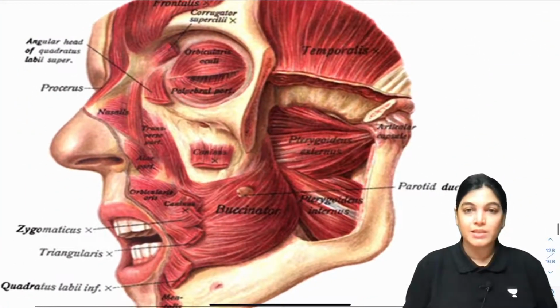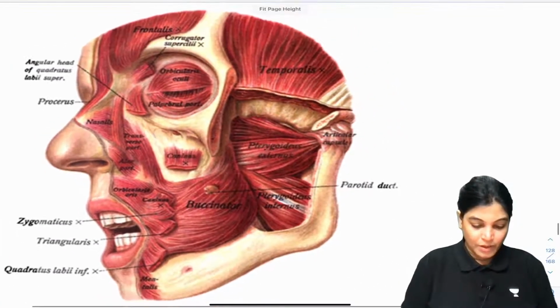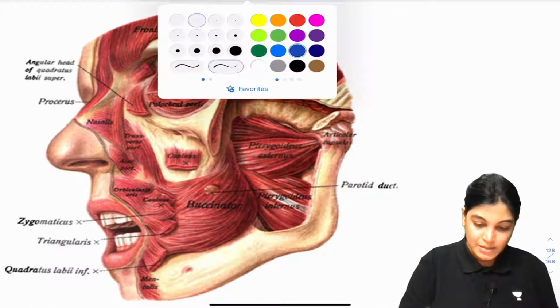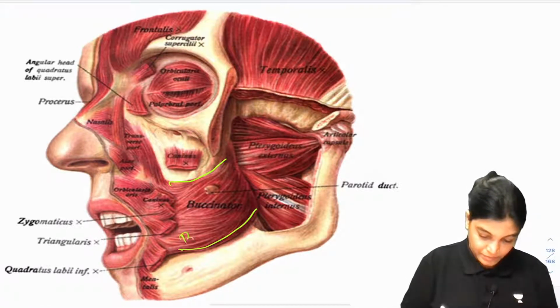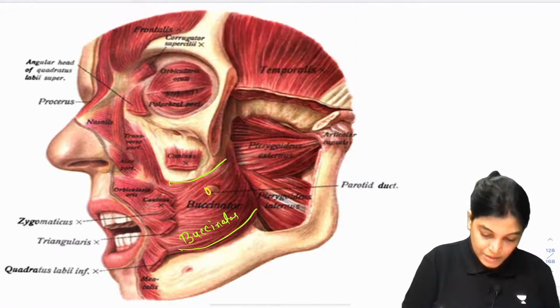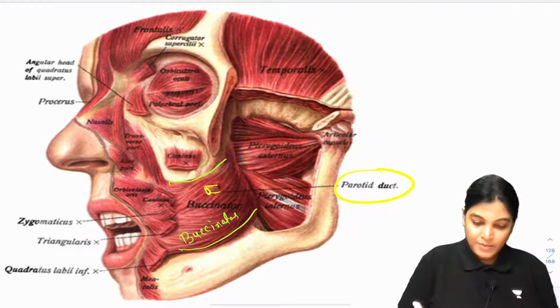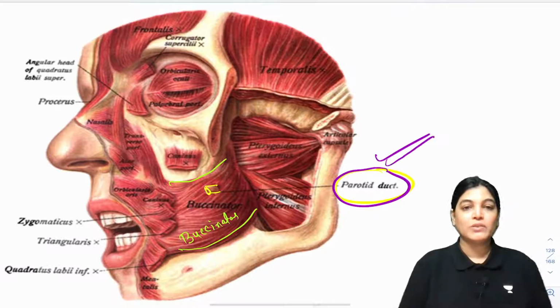I am enlarging this diagram and very nicely you can appreciate it. You can see this is the buccinator muscle, and very nicely you can appreciate that this buccinator muscle is pierced by the parotid duct, which is shown.